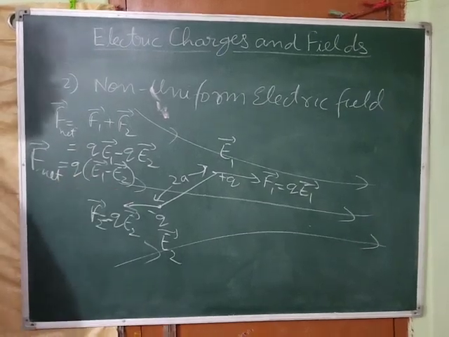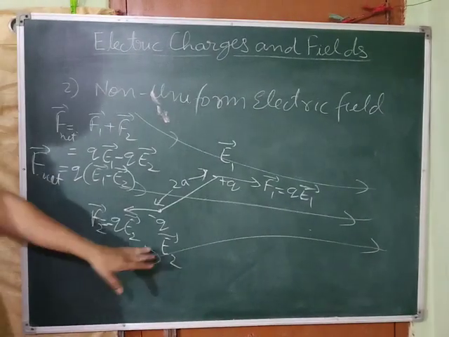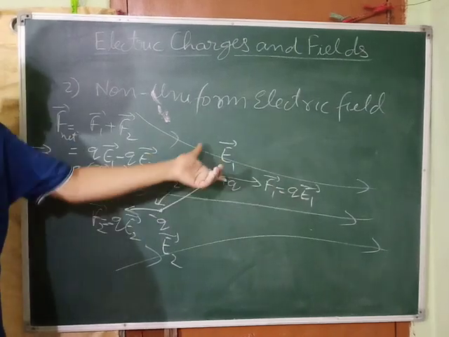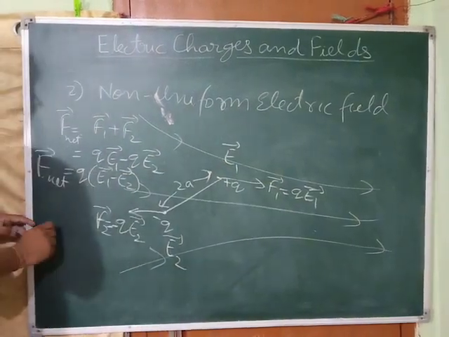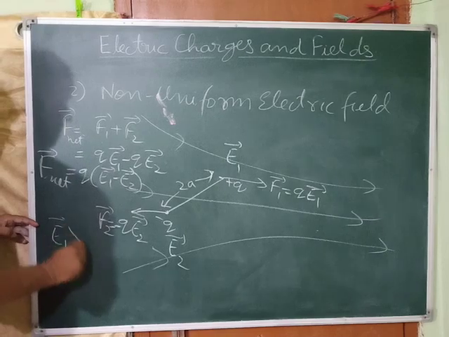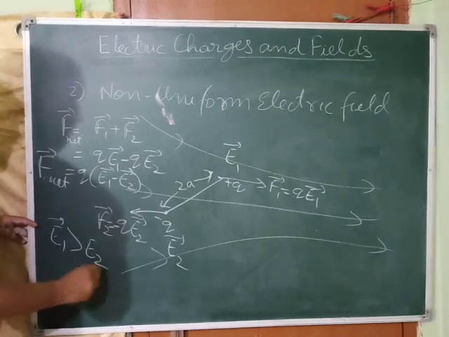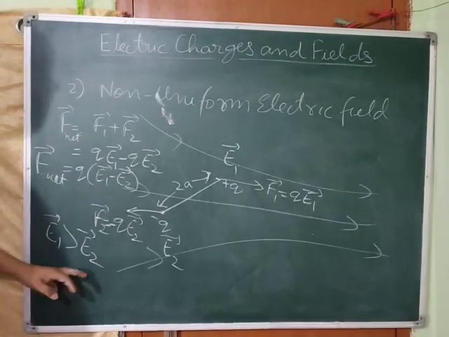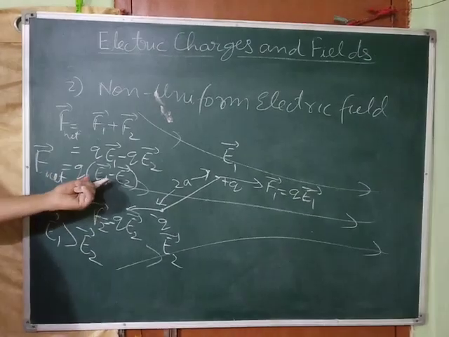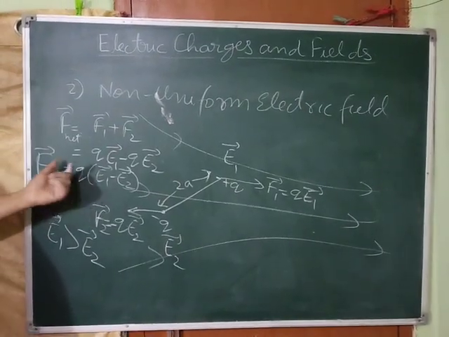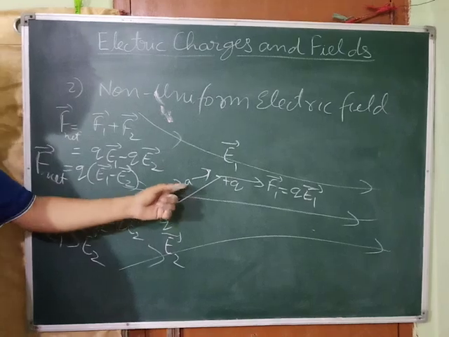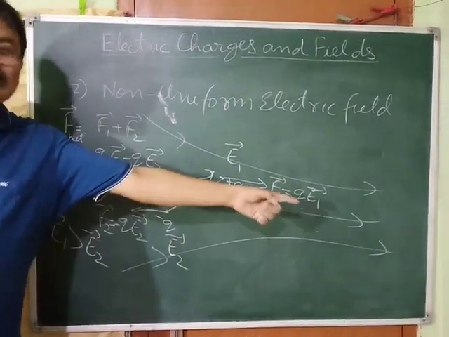Is this net force zero? Not at all, because as we move in that direction, the electric field is stronger. We know that E1 is greater than E2. As E1 is greater than E2, what will happen? We will get some positive value. So some net force will be acting along the direction of E1, that is in that direction.